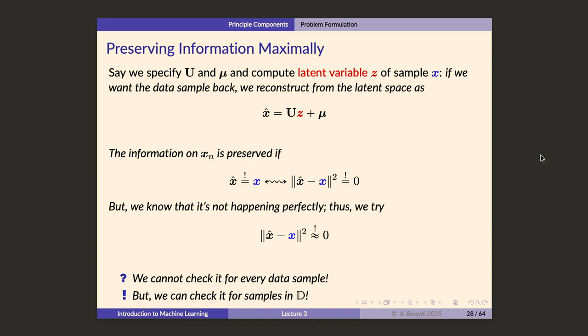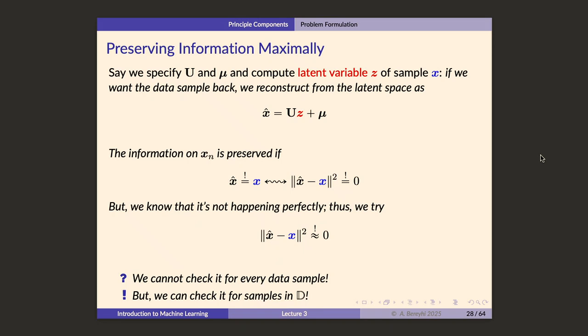So remember, a dataset is samples of the original data. Your data could theoretically be infinite in size, but you just have a finite number of samples from it. So you don't have access to the whole data, and in many examples, even if you can describe it, you cannot really check that approximation for all of them.